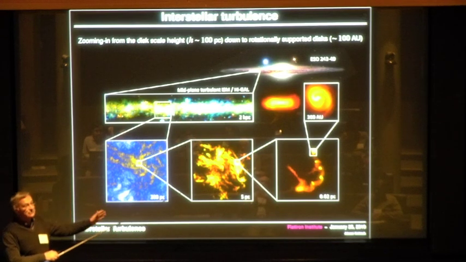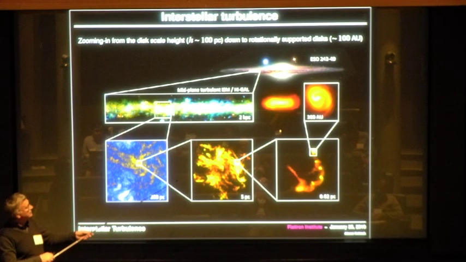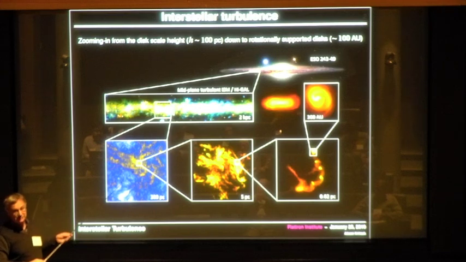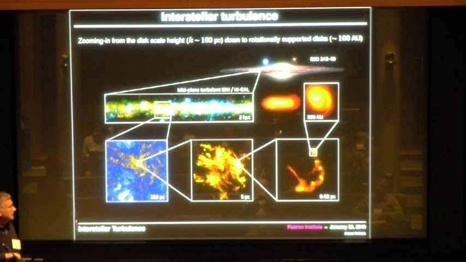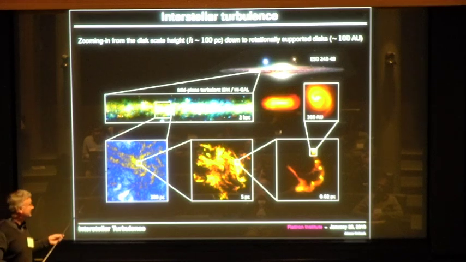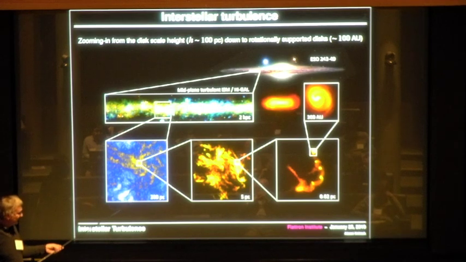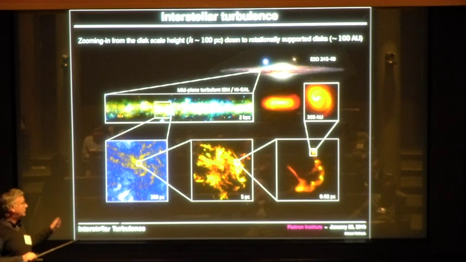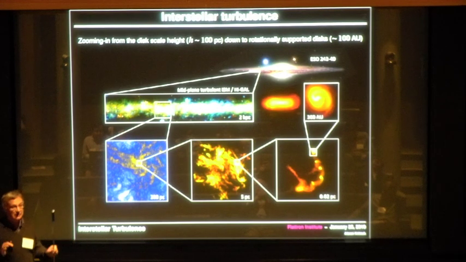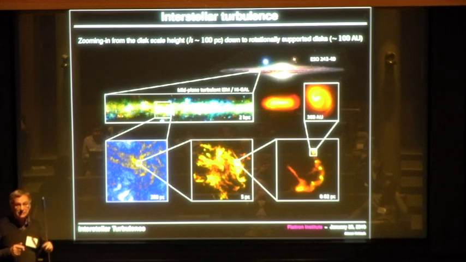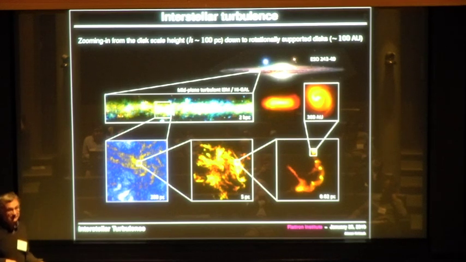In order to do that correctly and numerically, we need to go to larger scales to reproduce the field geometry in a natural way. At some point, we came up with this formulation of MHD models with a multi-phase ISM in boxes which are comparable in size to the scale height of the disk.